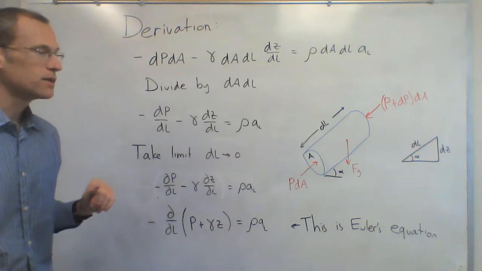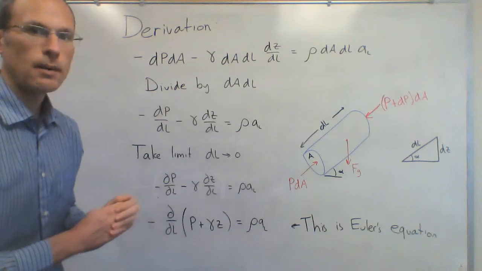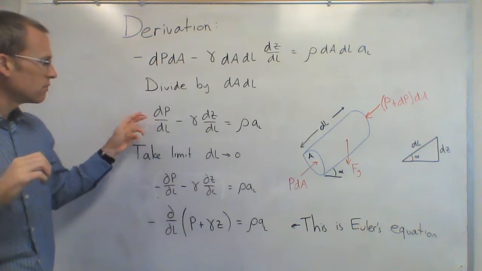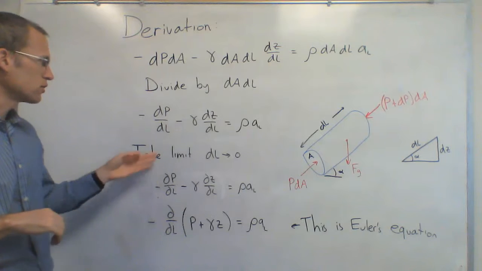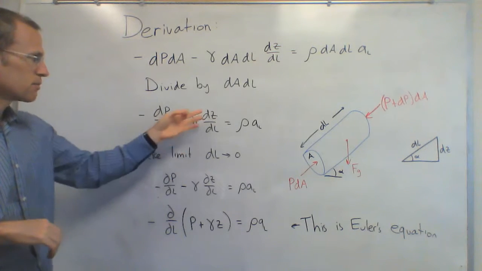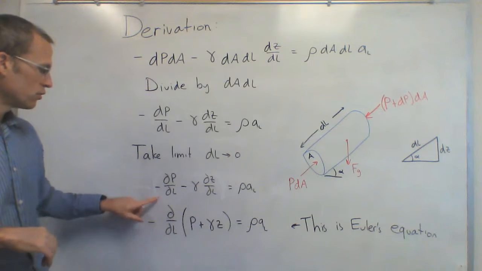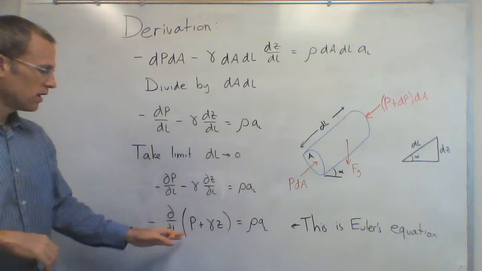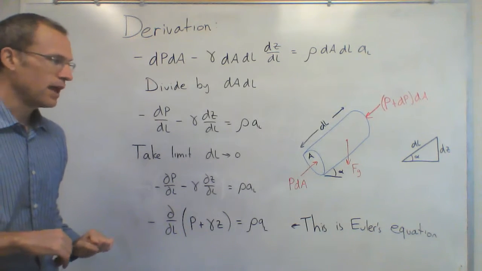Now what I want to do is take the limit as dl goes to 0, so this is a really, really small amount of area or volume for my fluid, and these basically changes become partial derivatives. So I have the partial of P with respect to L minus gamma partial z partial L is density times acceleration, where I can pull this partial derivative out front, so I have minus d by dl of P plus gamma z is rho times acceleration, and that is Euler's equation.